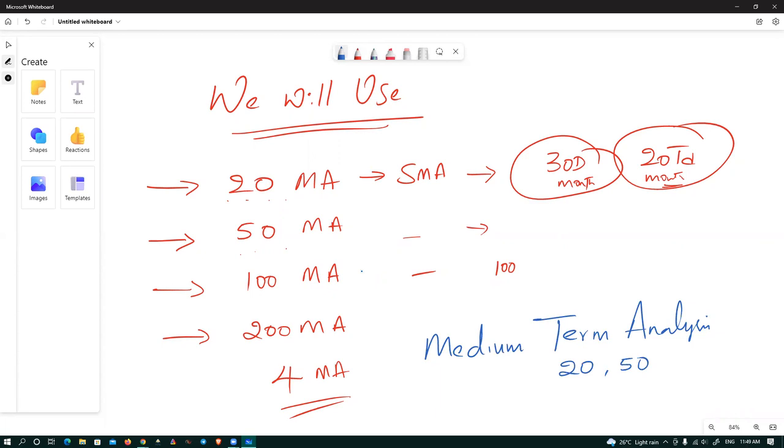What is medium term analysis? In medium term, what is the trend of the stock? To understand the trend of the stock, you are going to use 20 and 50. If you wanted to understand long term analysis and trend, you are using 100 and 200.